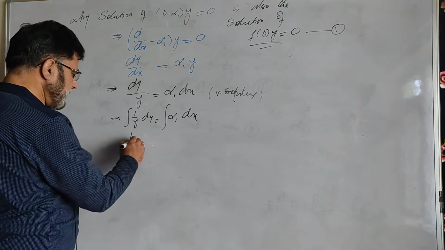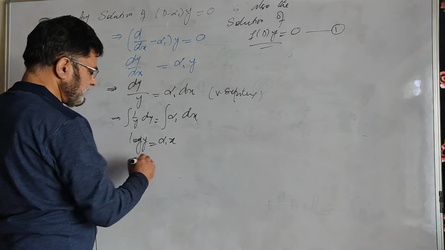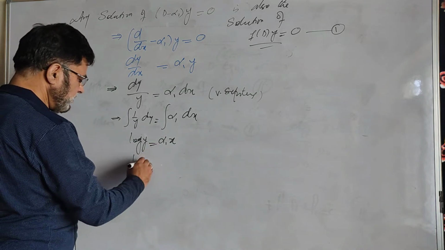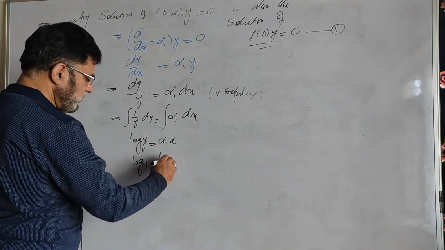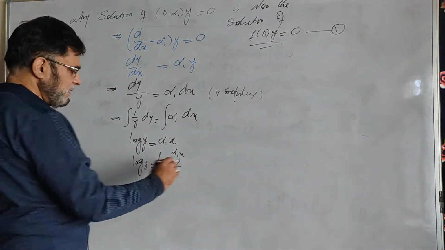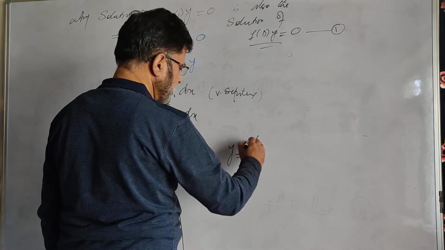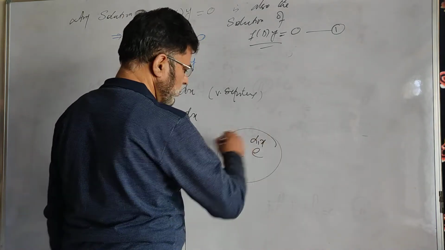This is log y, this is alpha 1 x. I can write log y is equal to log of e raised to the power alpha 1 x. This means you get one solution, y is equal to e raised to the power alpha 1 x. No problem.